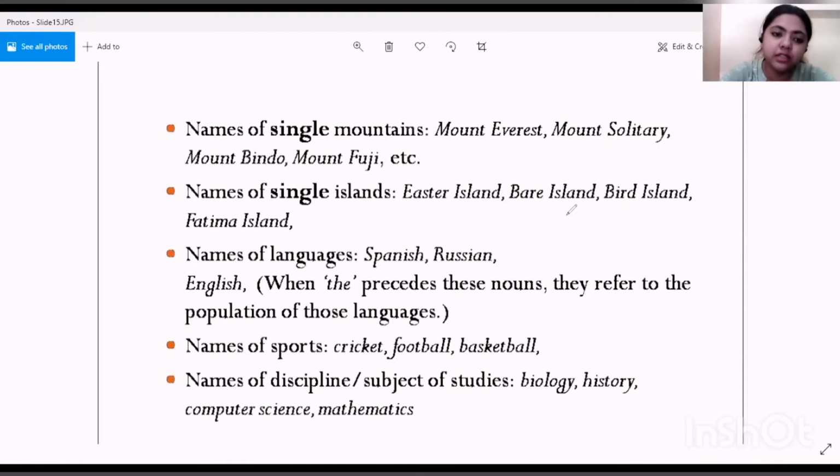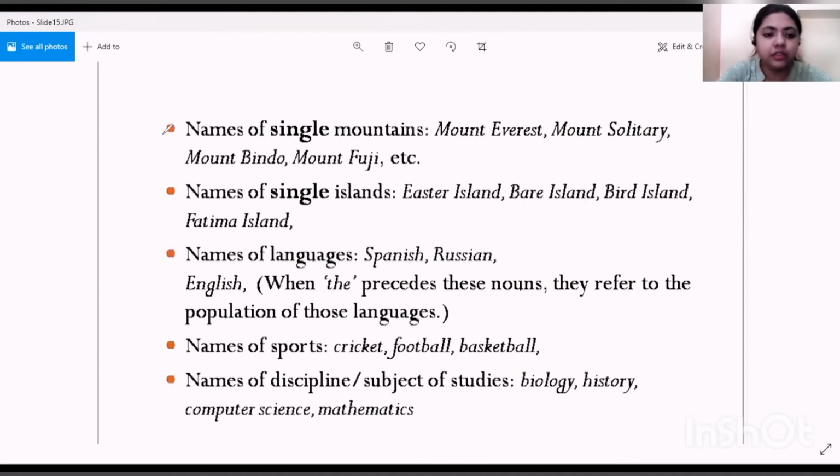But in the previous rule, we did add the definite article the before a group of islands. Wherever you find a group of islands, there we add the definite article. But where the names of single islands have been used, there we do not use any article.